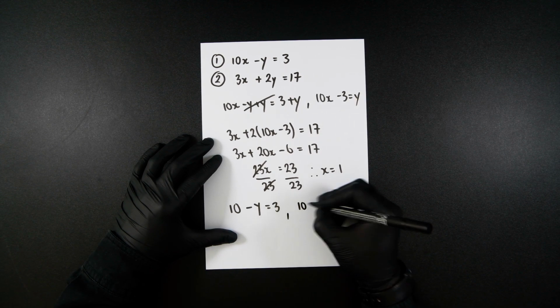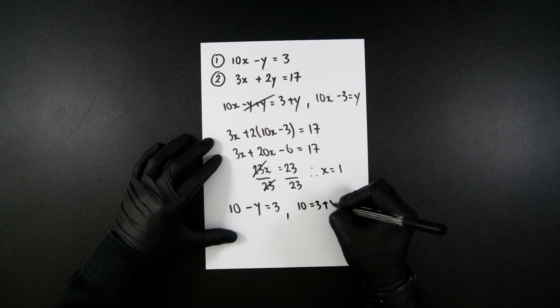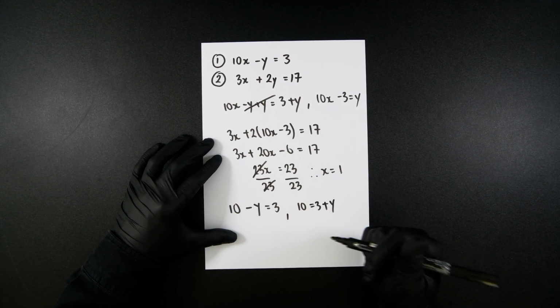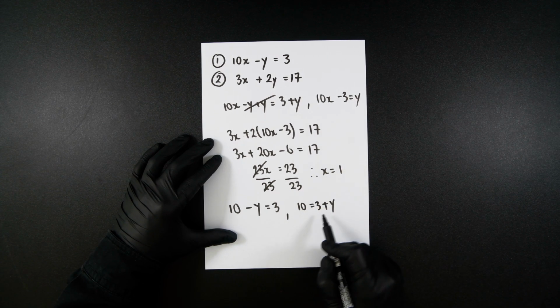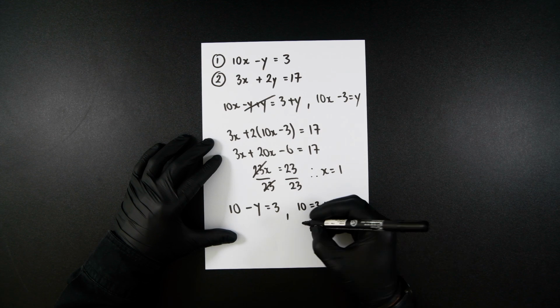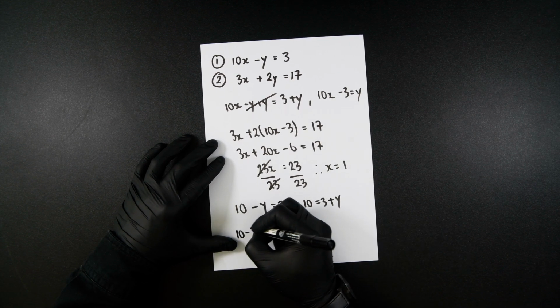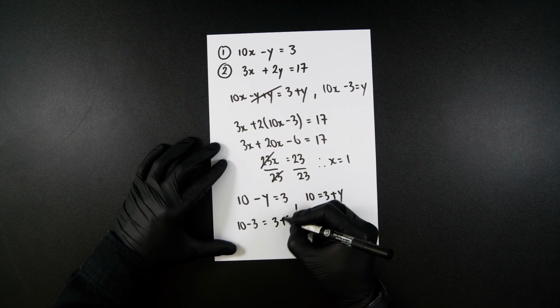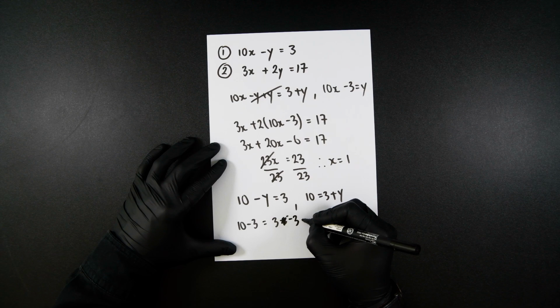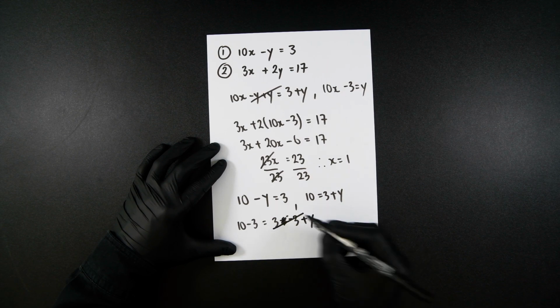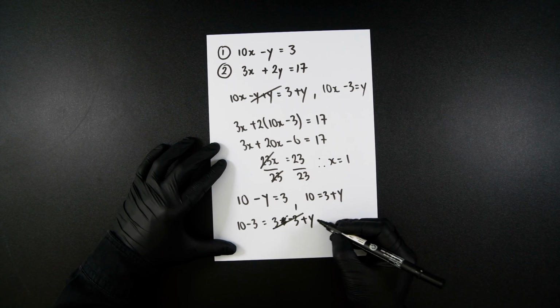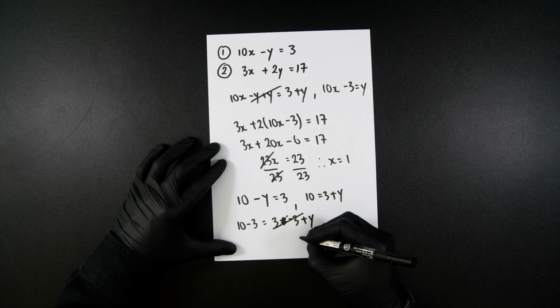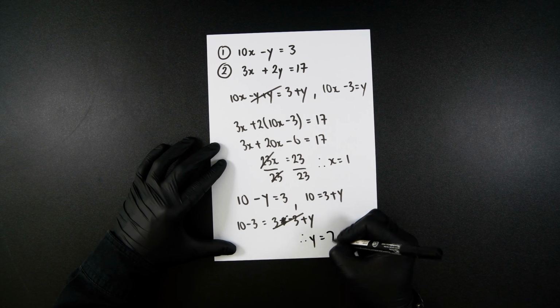So you'll get 10 equals 3 plus y, making y positive, and then we'll subtract 3 from both sides. So you're going to get 10 minus 3, which equals 3 minus 3 plus y. That gets rid of your 3s, and then you'll get y equals 10 minus 3. Therefore, y will equal 7.